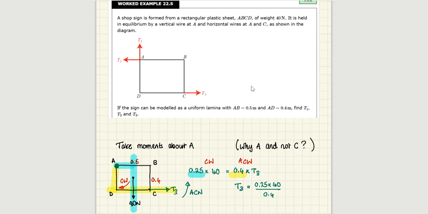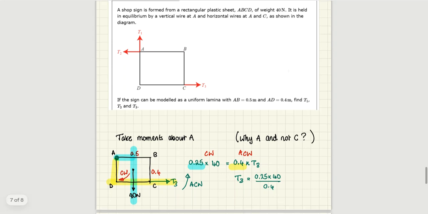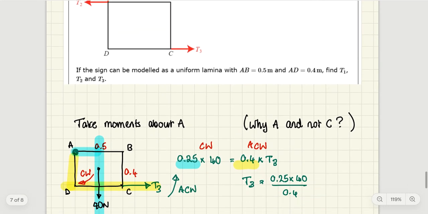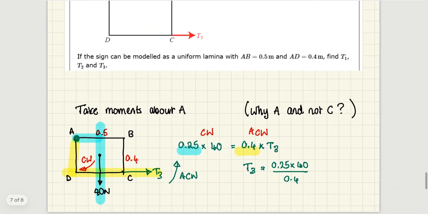And I'd have this formula, to some extent, but it would have 2 unknowns in it. If I did it around D, I'd have 3 unknowns. So it is as simple as, when you look at the problem, think, how am I going to be able to solve this? I've got to try and resolve something. So I started with moments about A because that enables me to work out T3.